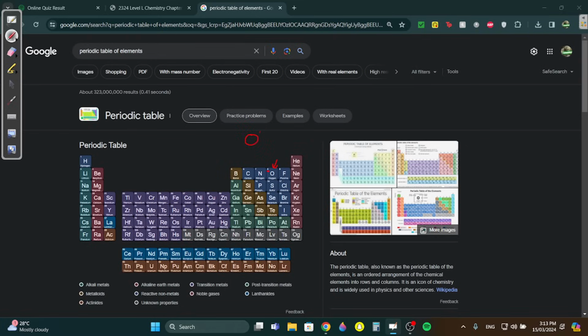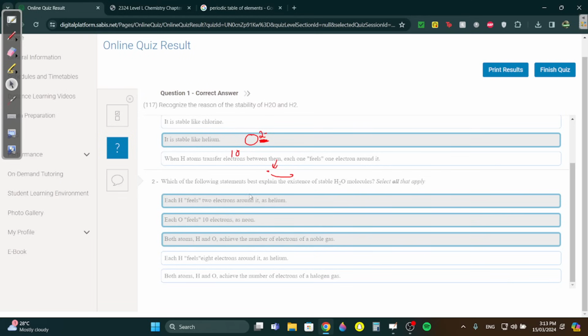But O is 2 minus, so it gains 2 electrons and becomes 10, like neon. Both atoms, H and O, achieve the number of electrons of a noble gas, so it becomes stable. Every time a compound is formed, the atoms try to achieve the same configuration as the noble gas, because the compound has to become stable.